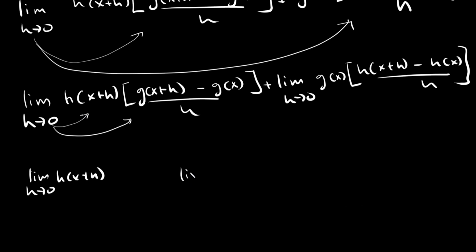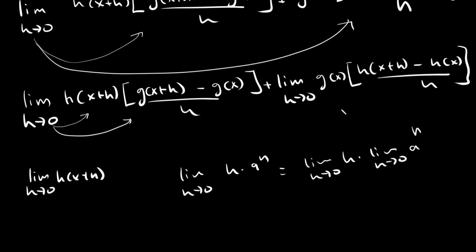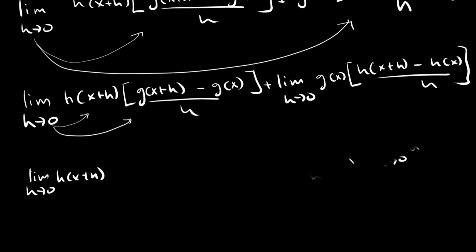So I'm just gonna put this here: limit h approaches 0 of h of x plus h times g to the power of h is going to be equal to limit h approaches 0 of h times limit h approaches 0 of a to the power of h. Okay, I can do that for my limit. So this is what I'm doing here.